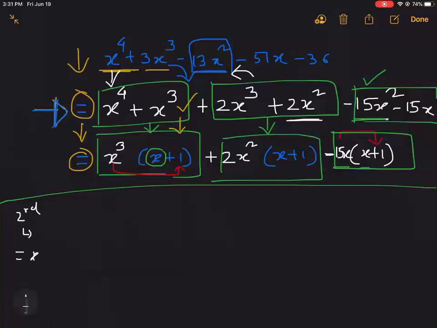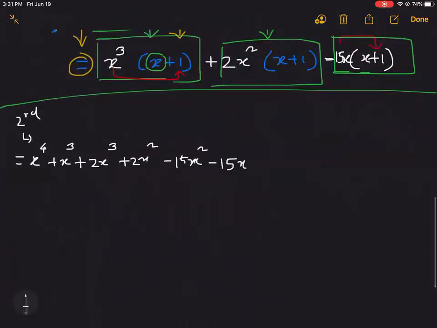So the second line so far is x to the 4, x cubed, 2x cubed, 2x squared, minus 15x squared, minus 15x. Okay, that's what we have so far in the second line. That's it. That's the second line. I'll need more space. That's why I'm trying to switch here.